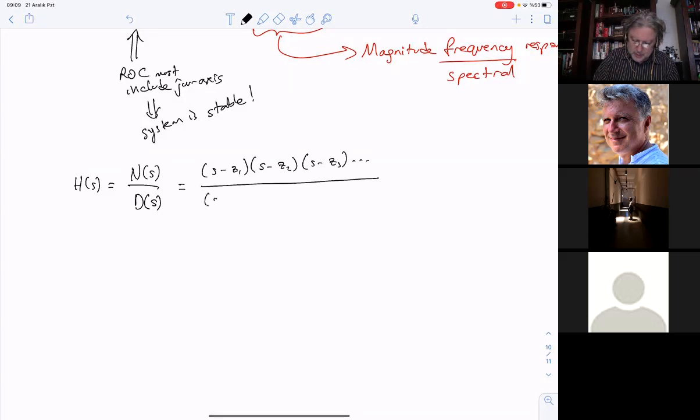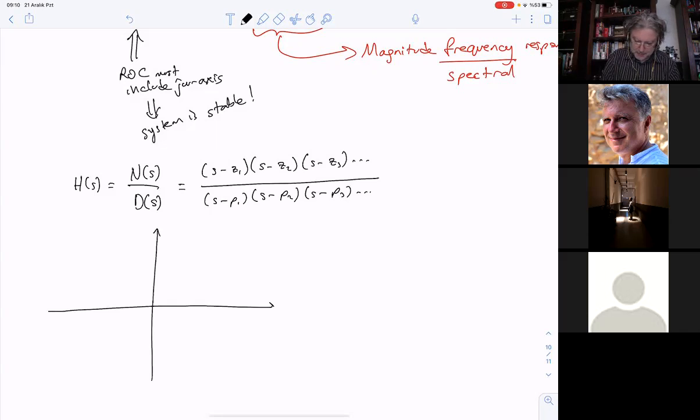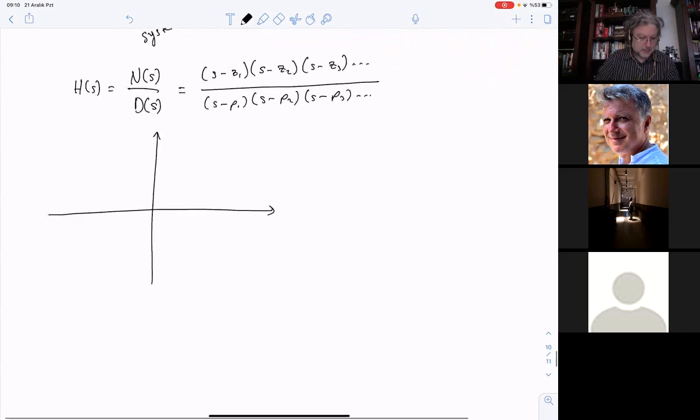The denominator is partitioned the same way, s minus p1 times s minus p2 times s minus p3 times etc., where when s is equal to p1 or p2 or etc., then H of s will diverge to infinity. So now let's try to locate these z1, z2, z3, and p1, p2, p3 on the s-plane.